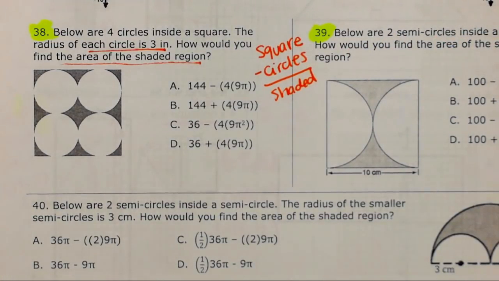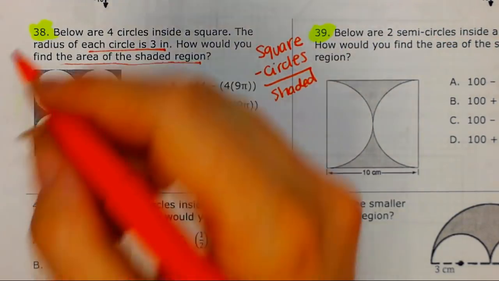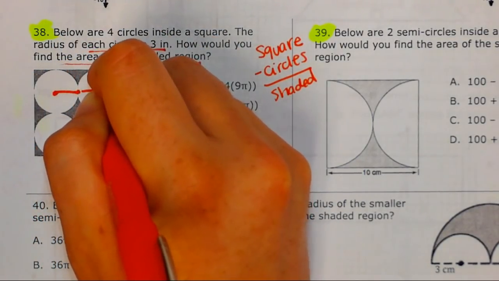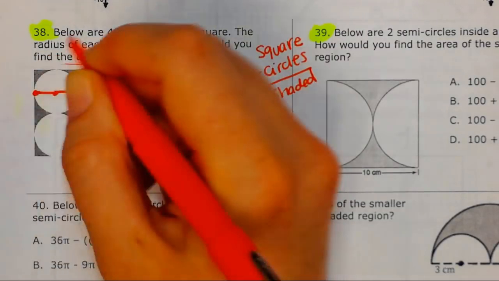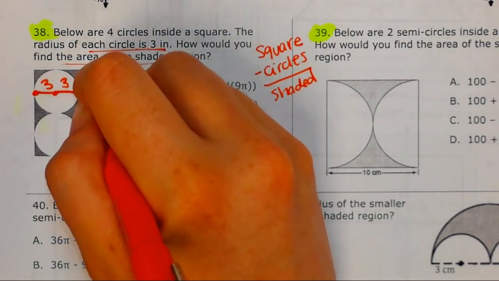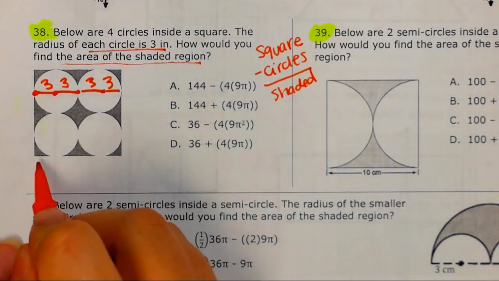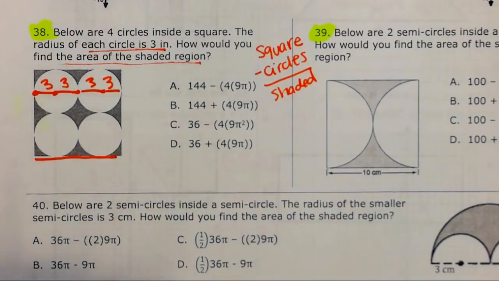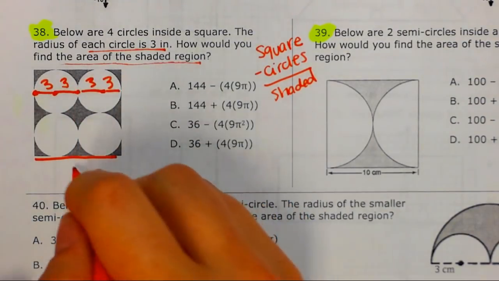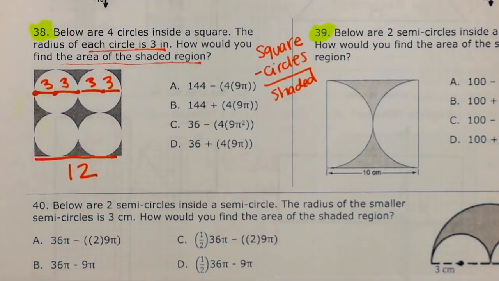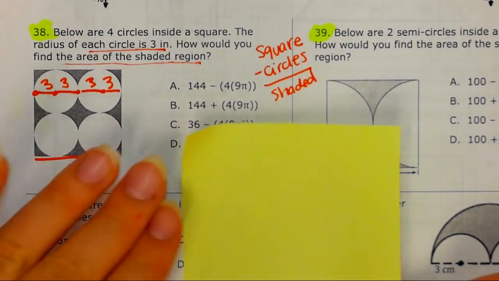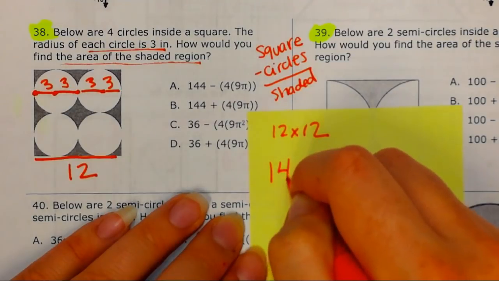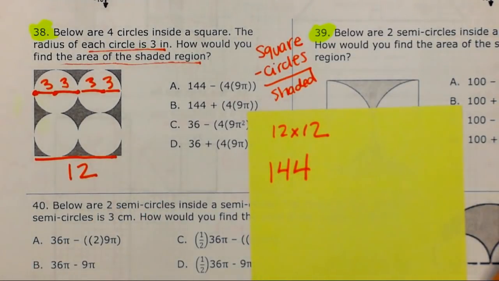So if each circle has a radius of 3, that would mean that the square would have to have side lengths of 3 plus 3 plus 3 plus 3, which is 12. So finding the area of the square, 12 times 12, means that the area of the square is 144.